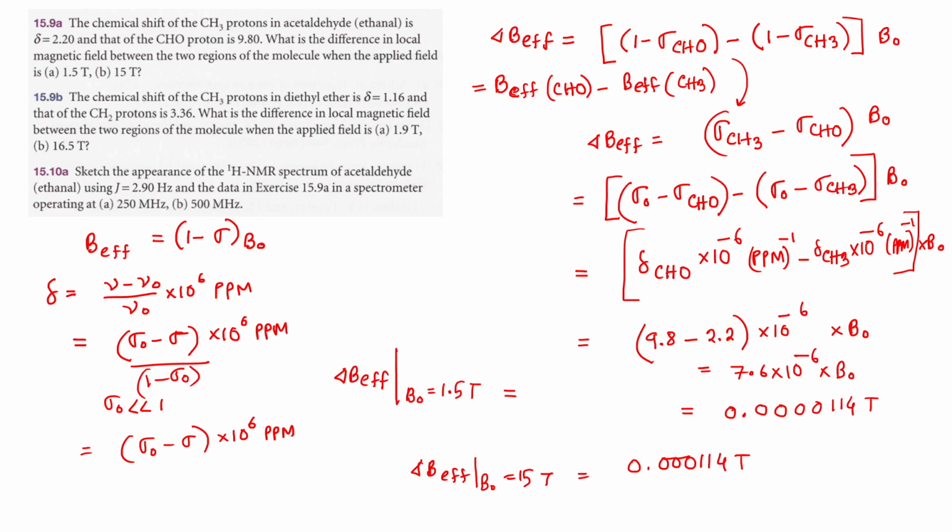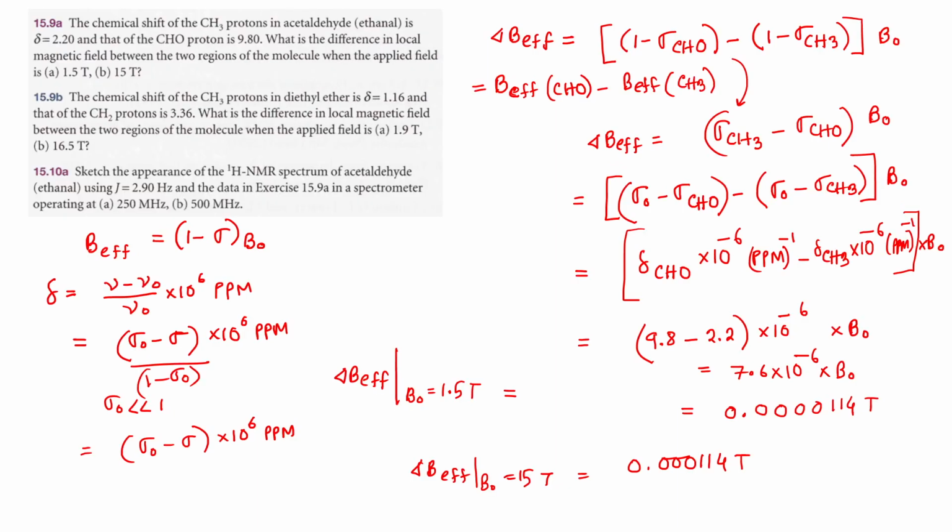Question number 15.10a: sketch the appearance of the 1H NMR spectrum of acetaldehyde using J equals 2.90 Hz and a spectrometer operating at this B value. But we'll refrain from doing this at this stage, because we'll discuss something about those coupling things, and the time is almost 7:45.